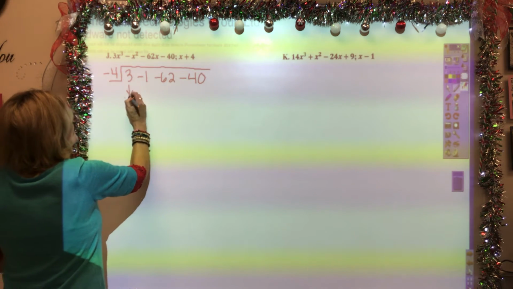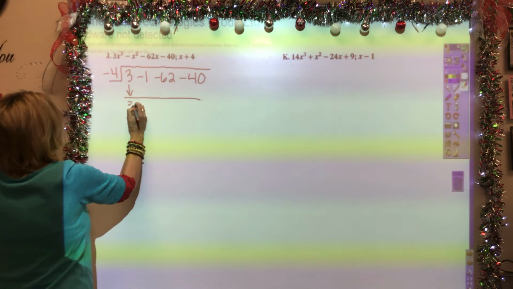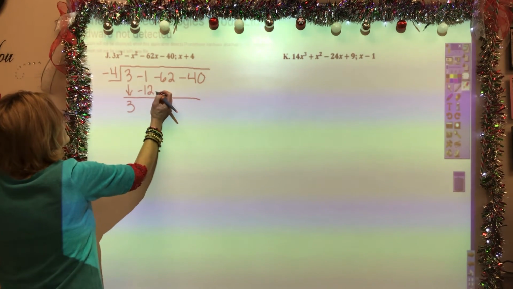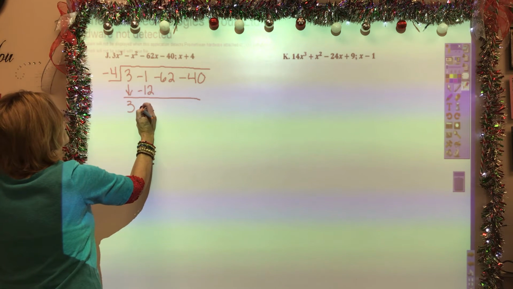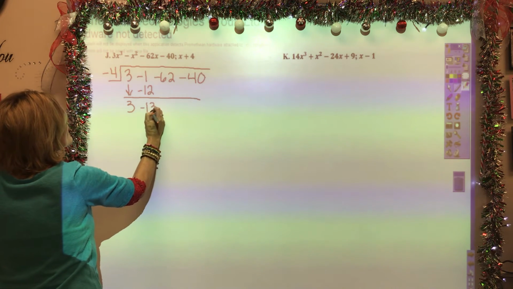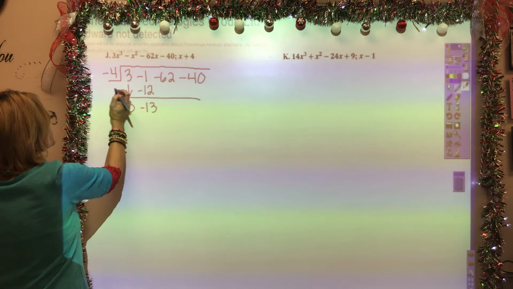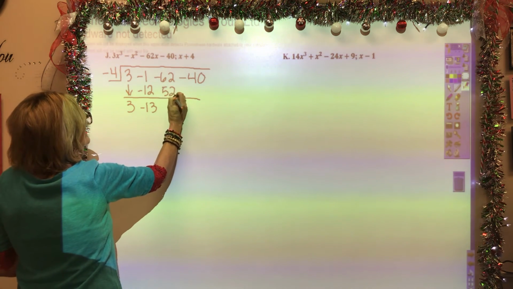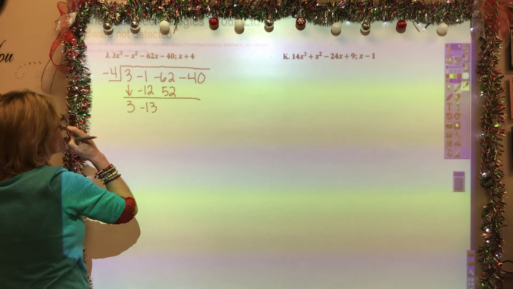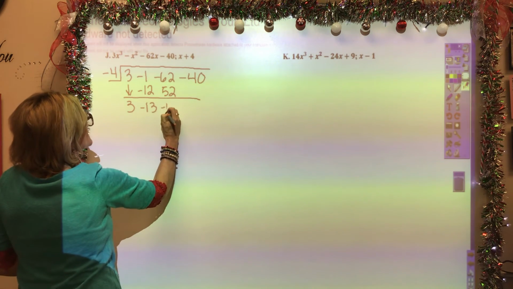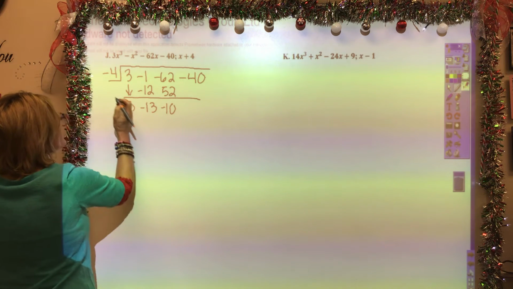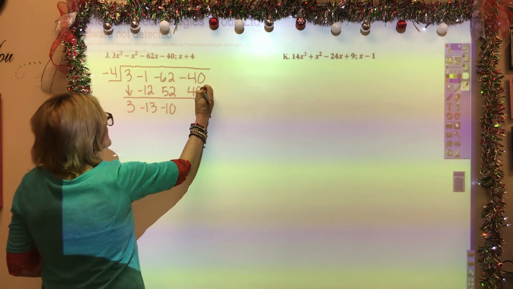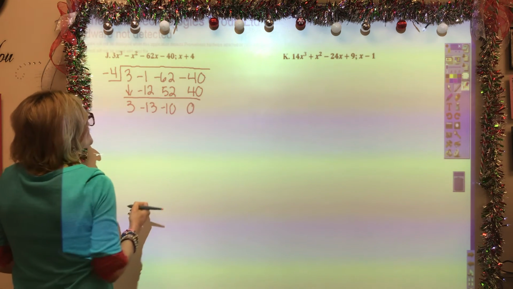So let's bring down our 3. -4 times 3 is -12. -1 minus 12 is -13. -4 times -13 is 52. -62 plus 52 is -10. -4 times -10 is positive 40, and -40 plus 40 leaves us with 0.